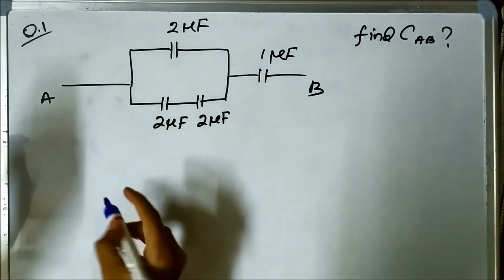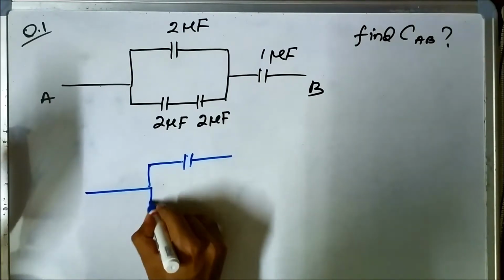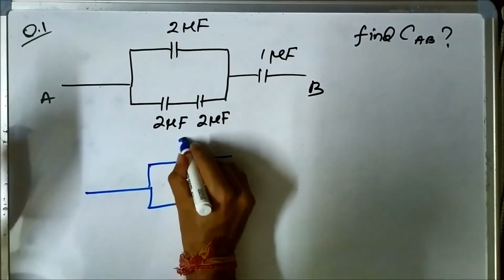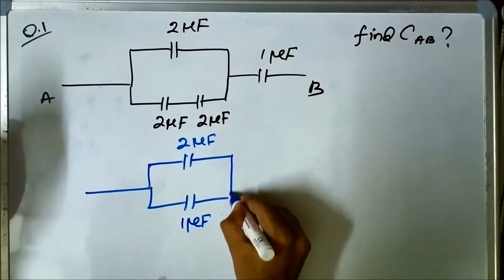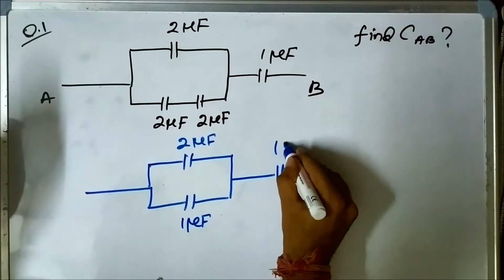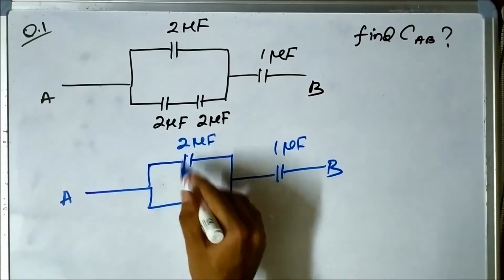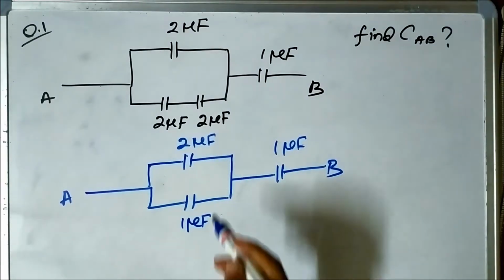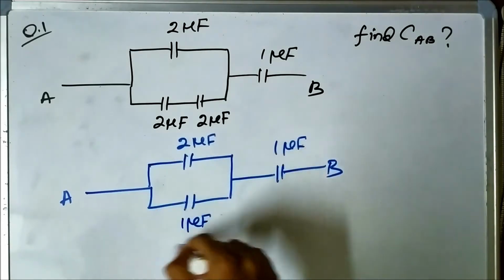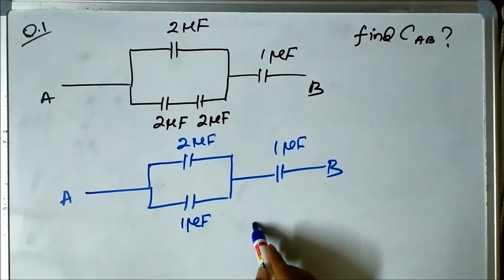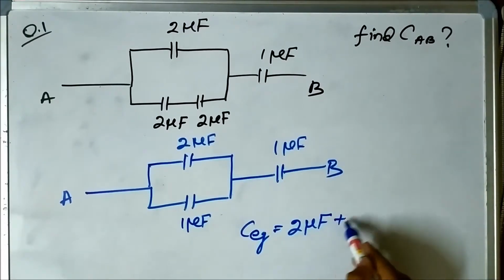Now this 2 microfarad and this 1 microfarad are in parallel. So the equivalent capacitance of this combination will be simply the summation, 2 microfarad plus 1 microfarad.